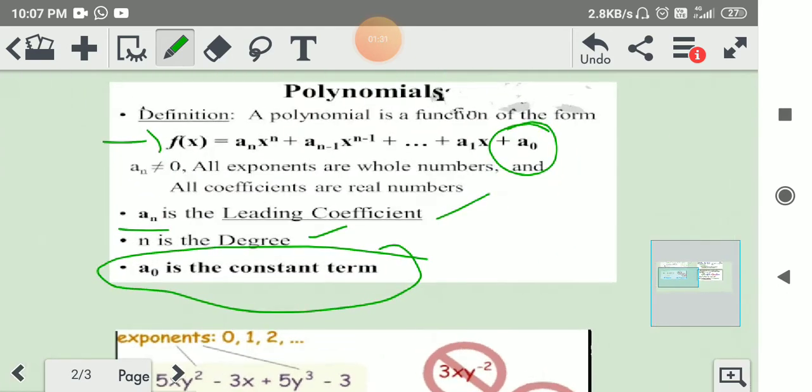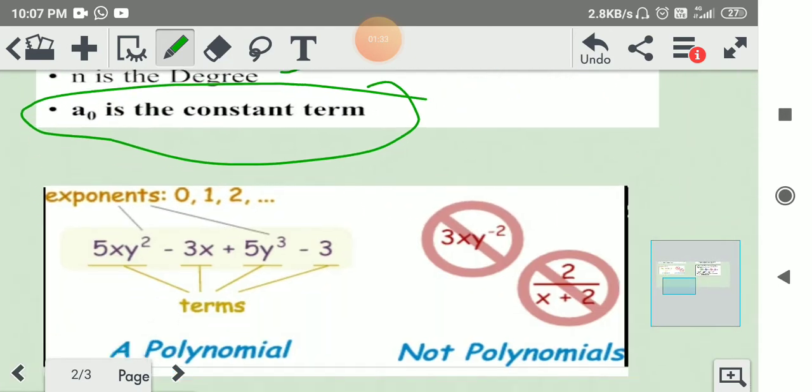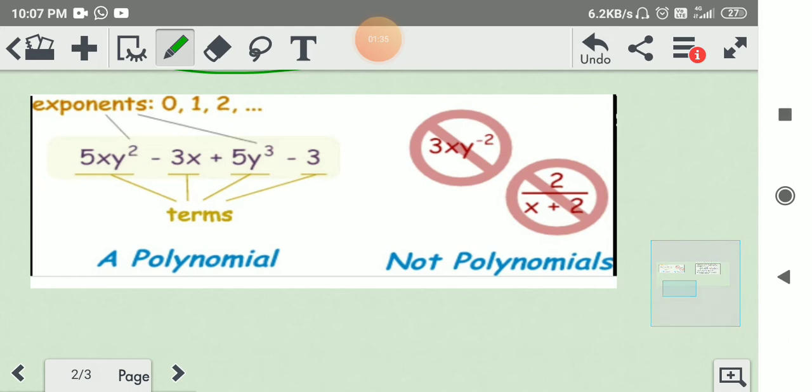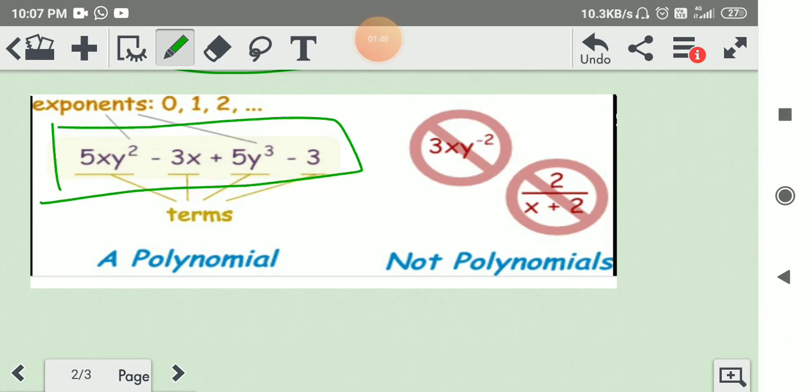Now I explain again with an example. Suppose this is an equation, this is a polynomial. Here the exponent powers are 2, 3, 1. These are exponents.